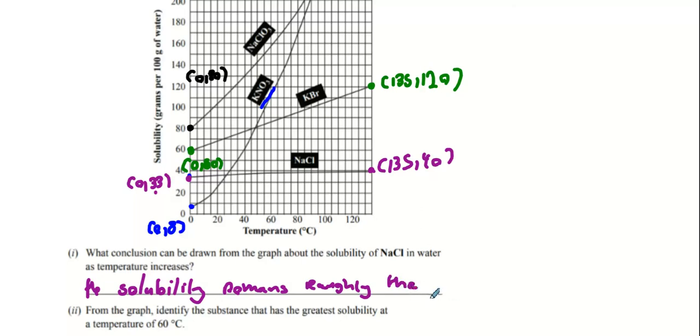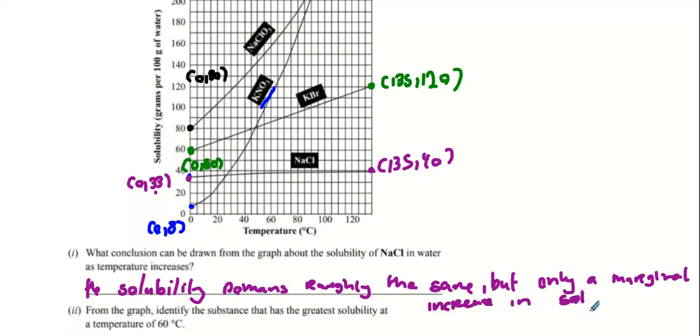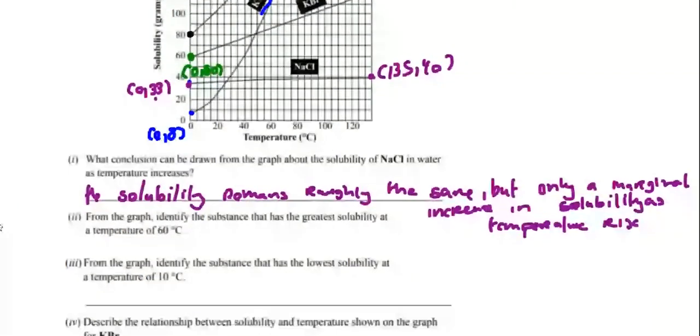Now, what I say is roughly the same is it's a relatively straight line, straight across, with only a marginal increase in solubility as temperature rises. Okay, I can never fit my answers in.